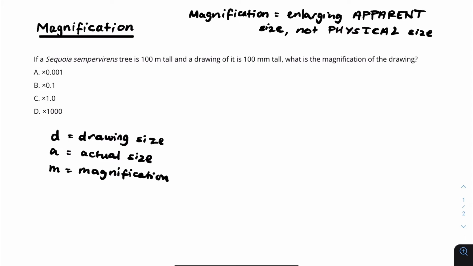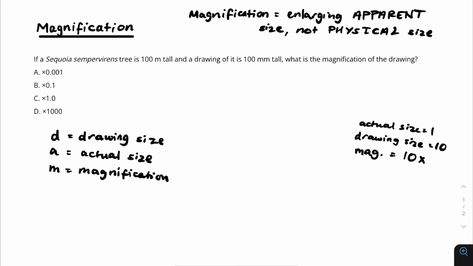So knowing that in that circle, the actual radius was equal to 1 and the drawing size was equal to 10, and we knew that it had been magnified by 10 times, considering that it was 10 times bigger, so magnification is equal to 10 times.